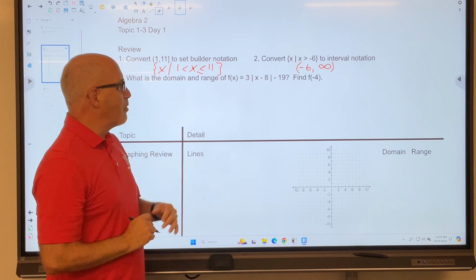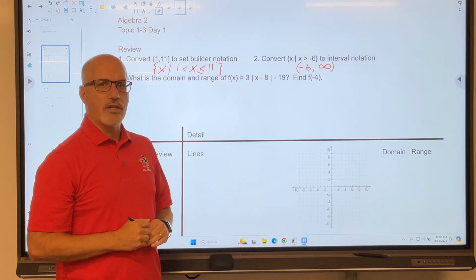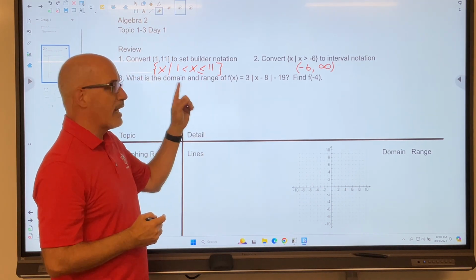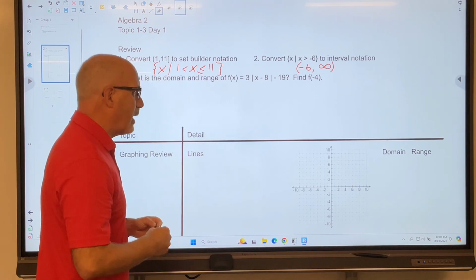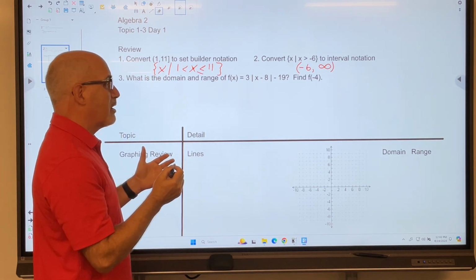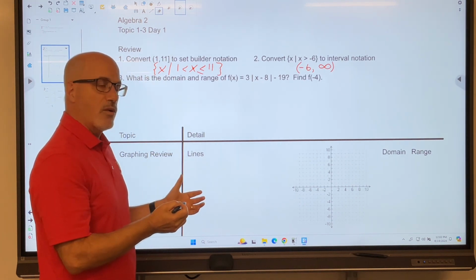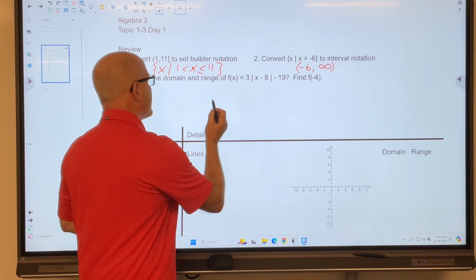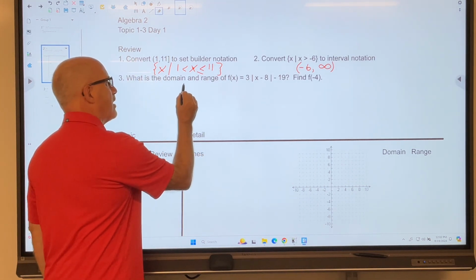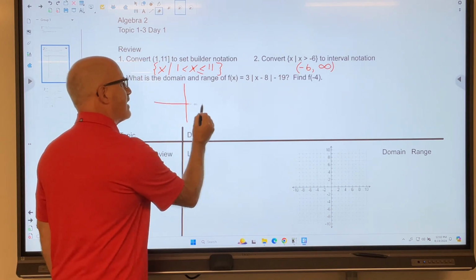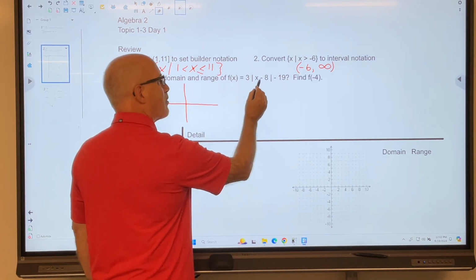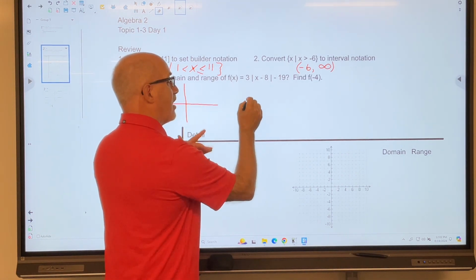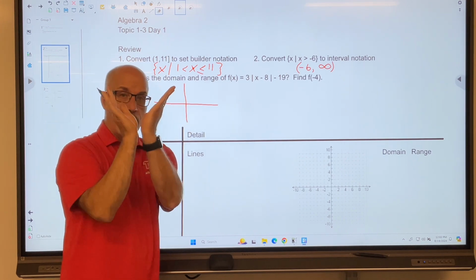Now this next one you want to use a graphing calculator for in order to look at the domain and range. What I'm going to do is sketch it from what we know, then go to the graphing calculator to confirm. This is saying, remember, that we're going to take our absolute value, which is a V graph.